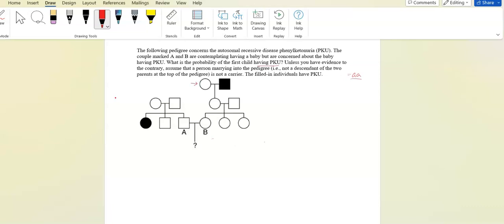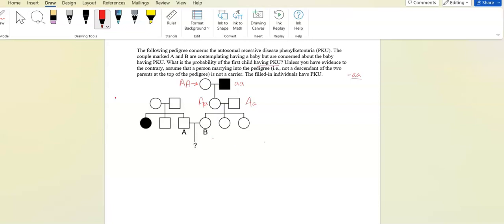Because PKU is very rare, we're always going to assume that anyone marrying into a family that has a trait or a disease or is a carrier is homozygous dominant. So if this occurs, we would assume that all of the offspring here are going to be heterozygous, right? Just like in the normal parental, and this is an F1 generation.